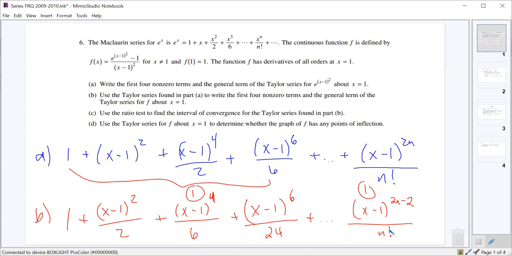No, it should still just be 2n, because there's no minus 2 on that, since we got rid of that first term. So it was just 2n, but still n factorial.